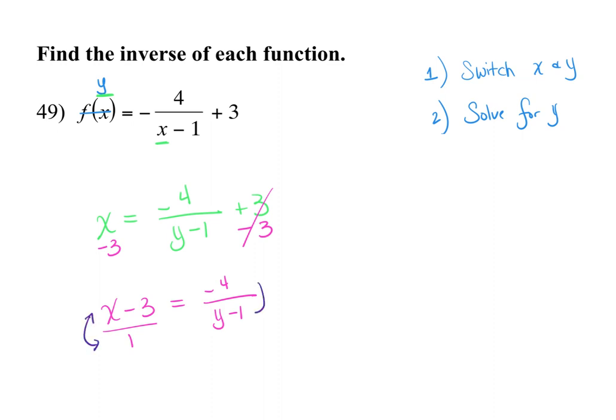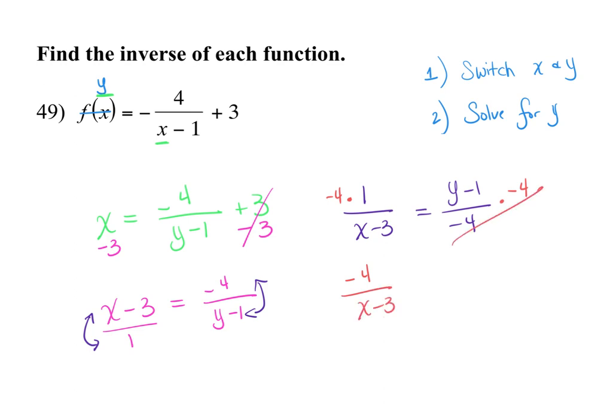So flip both sides. So on the left, I have 1 over x minus 3. And on the right, I have y minus 1 over negative 4. It just helps to solve. And then I can say, okay, well, I'm still trying to get y by itself. Multiply both sides by negative 4. So on the left, I have negative 4 over x minus 3. And on the right, I have y minus 1. Still don't have y by itself. I have one more step.